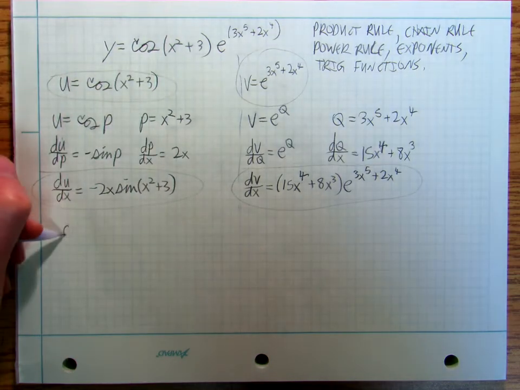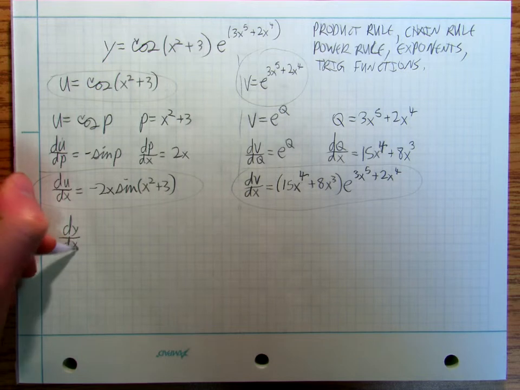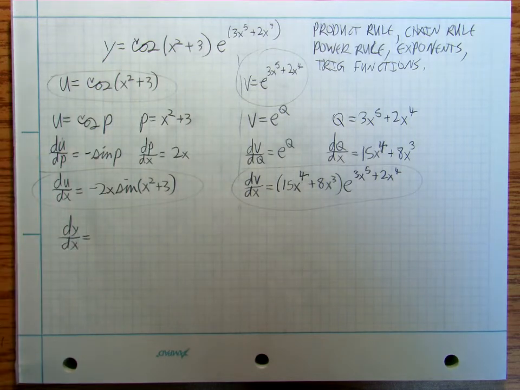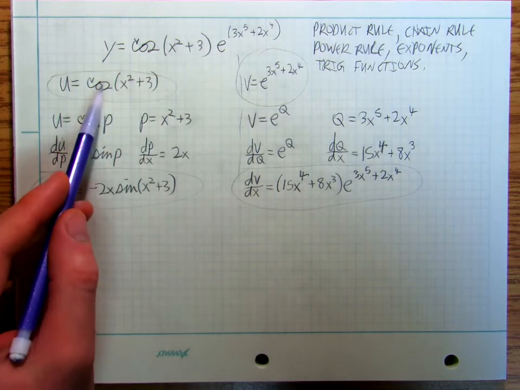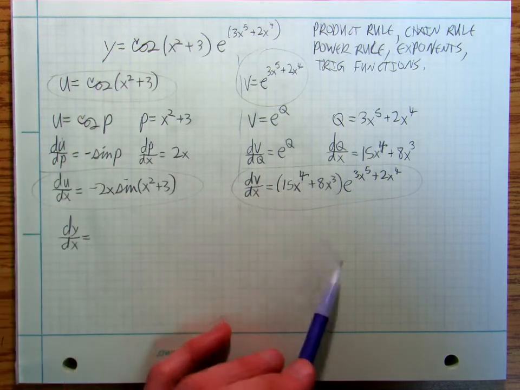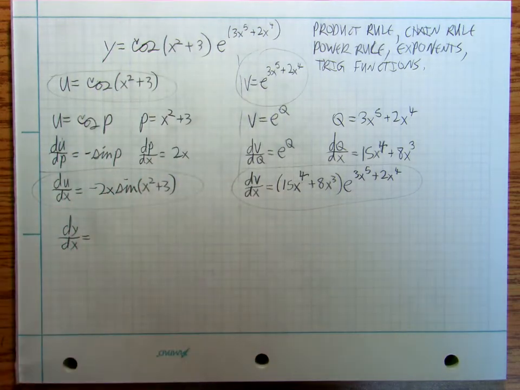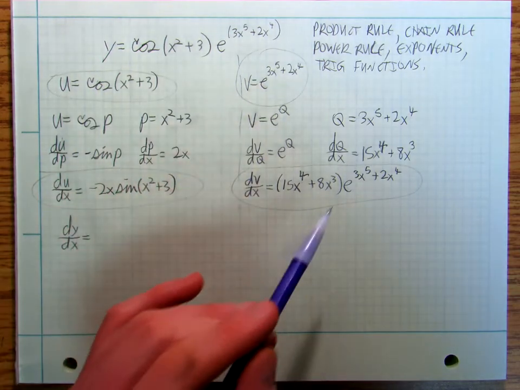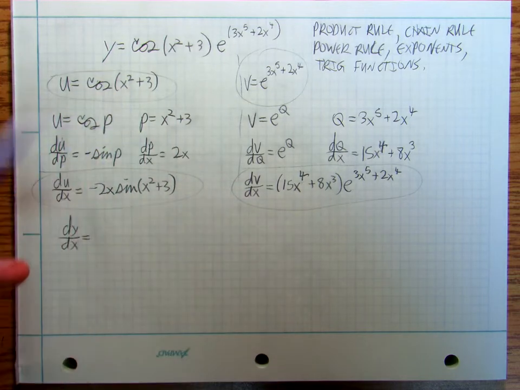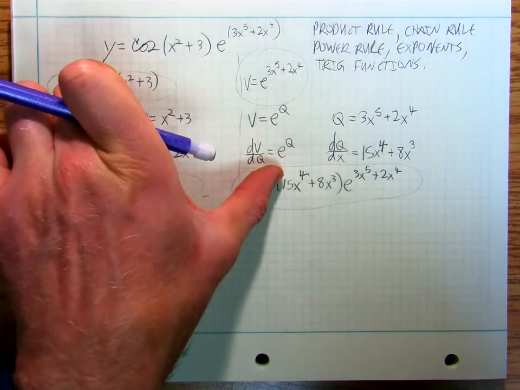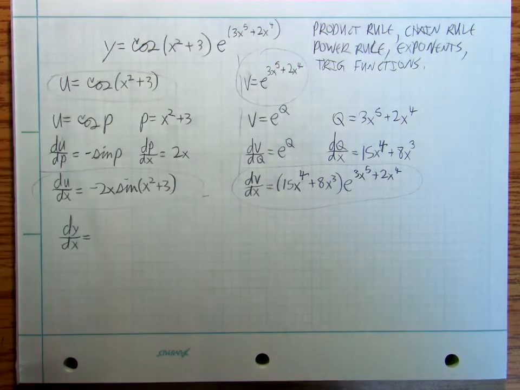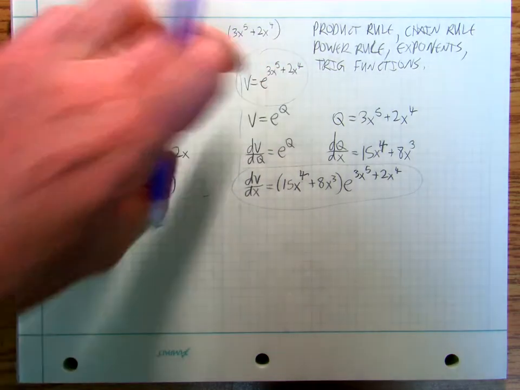And I'm going to say dy dx is equal to, I can either do this times this plus this times that, or I can do this times that plus this times that. It's just these two multiplied together plus these two multiplied together, however you want to write it.